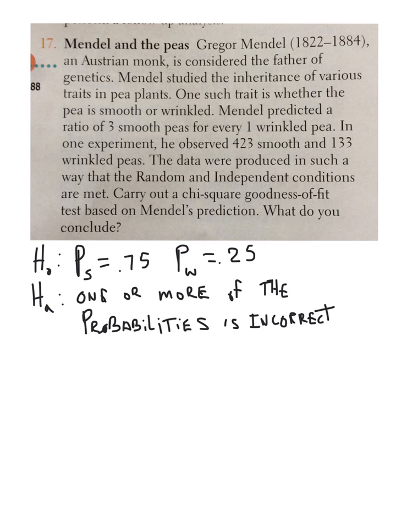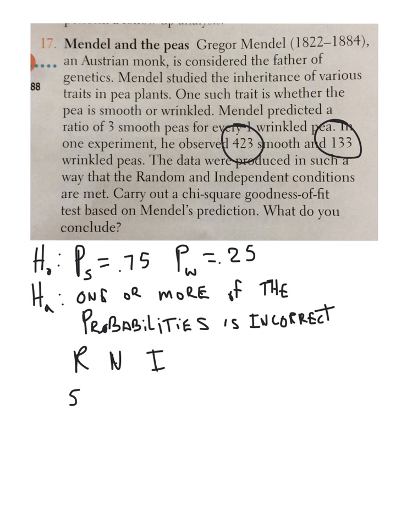Okay, and we're going to need to do random, normal, independent, and we're good with this because for the normal part, we've got 133 and 423, both bigger than 5. So let's do the test. There are 556 peas in total.